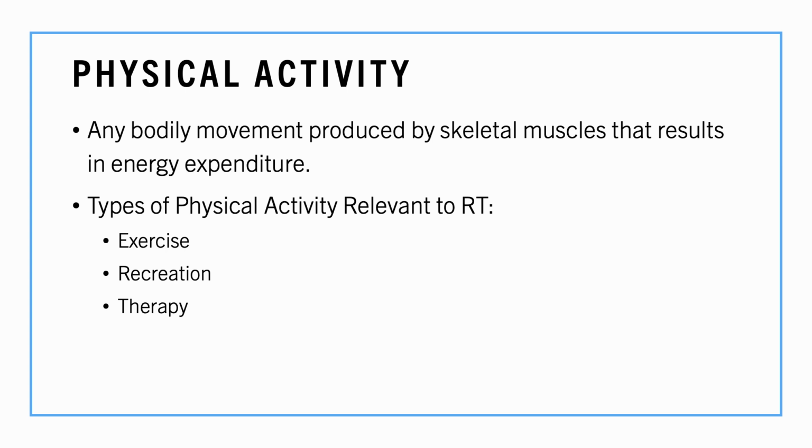So exercise is that structured, purposeful physical activity to improve or maintain fitness. We are kind of defining recreation as enjoyable, voluntary physical activity for leisure or social interaction. And then therapy is going to be typically prescribed physical activity aimed at achieving specific clinical outcomes.